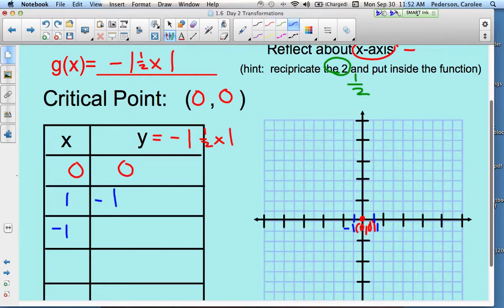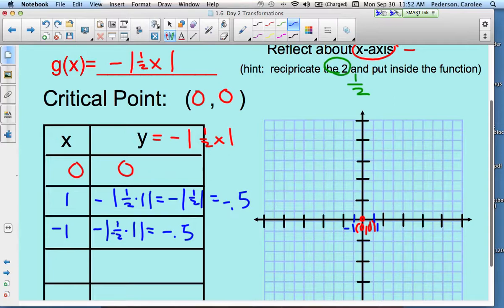Negative absolute value 1/2 times x, which is 1, negative absolute value 1/2 is negative 0.5. Negative 1/2 with a negative times 1, absolute value of negative 1/2 is still 1/2 with a negative.